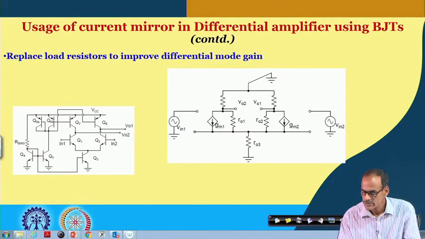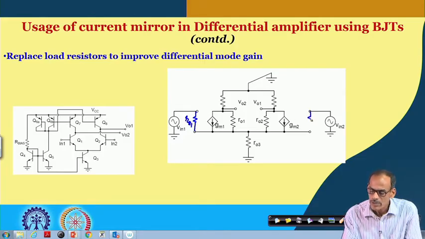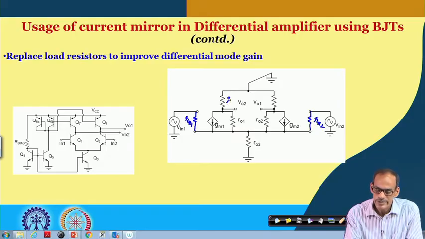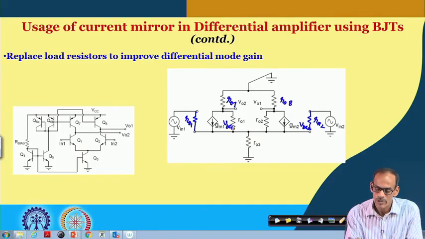We have R pi here and R pi here, and this resistor is RO 7 and this is RO 8, GM 2 into VBE 2, GM 1 into VBE 1, and VBE 1 is given here.